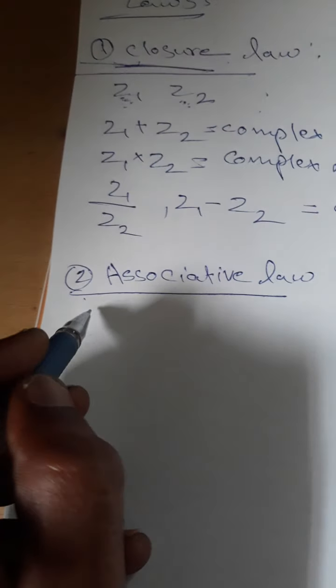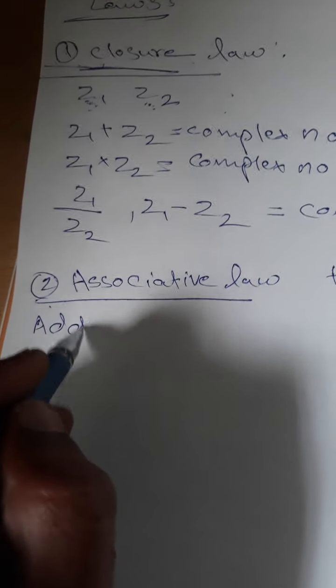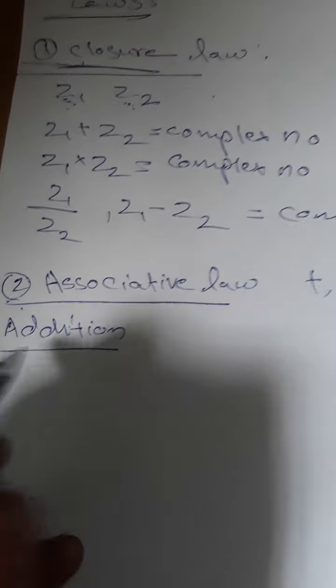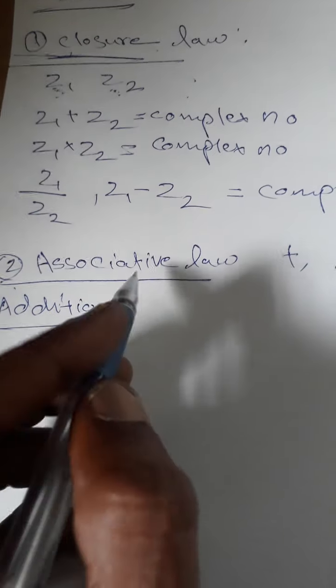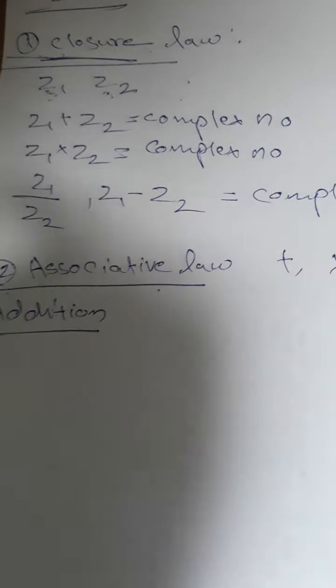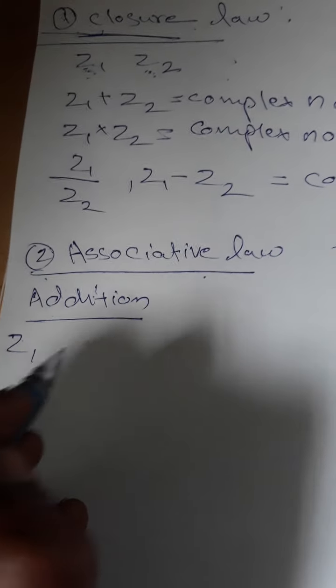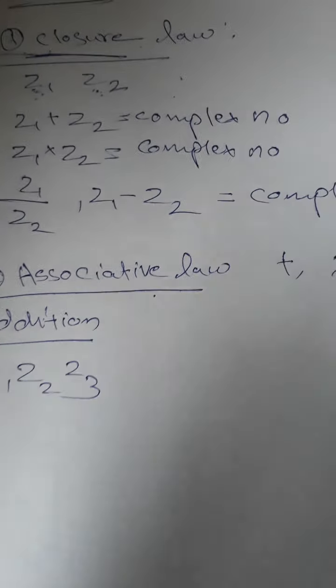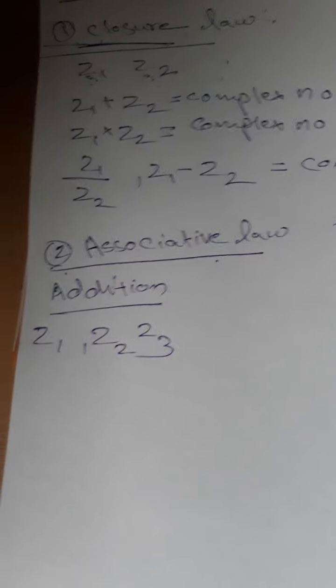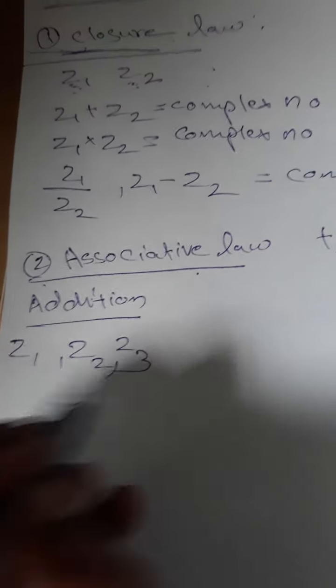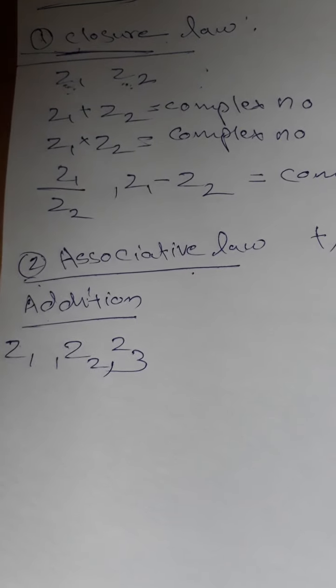So associative law for addition: here we are concerned with three complex numbers, that is z1, z2 and z3. Let me consider z1, z2 and z3 to be any three complex numbers.